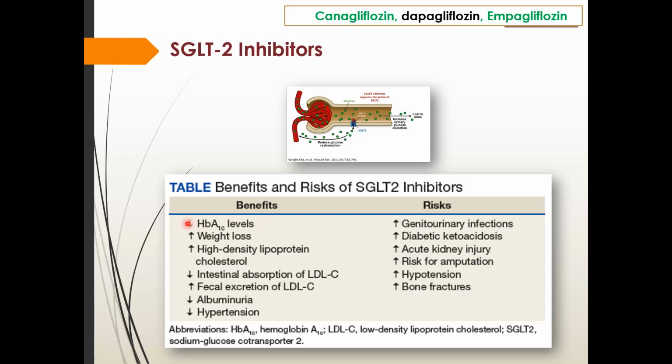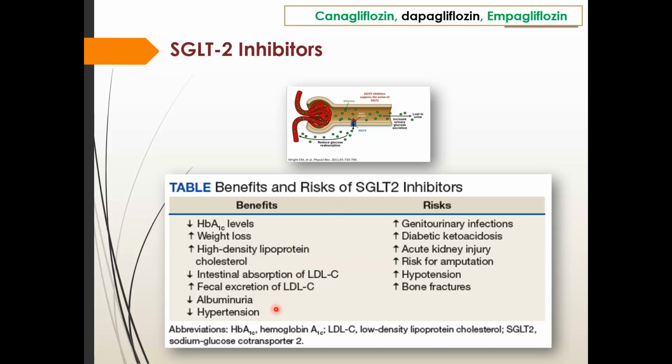It also promotes weight loss and has a very favorable lipid profile, and it decreases hypertension. Why? Because if someone loses glucose, this glucose by its osmotic action will also draw some water and promote more water loss.